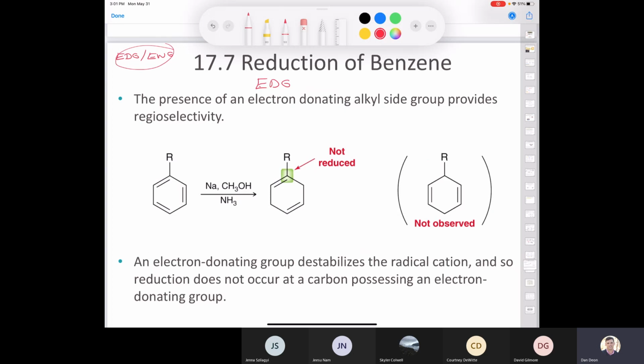So let's say you have an alkyl group, right? You know that alkyl groups are electron donating, via hyperconjugation. Okay. So if you have an electron donating group, something that's donating electron density, it's not going to be reduced at that position, the position where the electron donating group is. Why? Because it's going to destabilize the radical anion that's formed. Think about it.